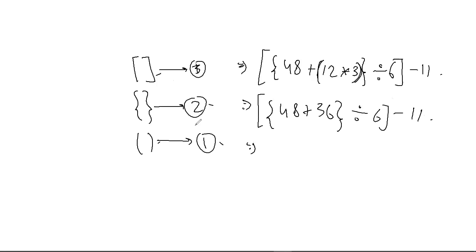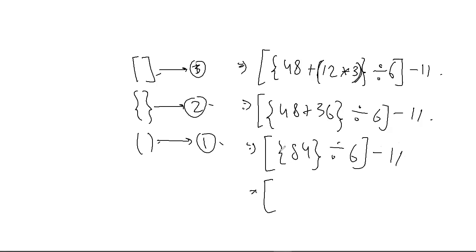and then comes the curly brackets. So then you have to solve whatever sum there is inside the curly brackets. You could actually even do it like this. You could remove the curly braces and just simplify it.